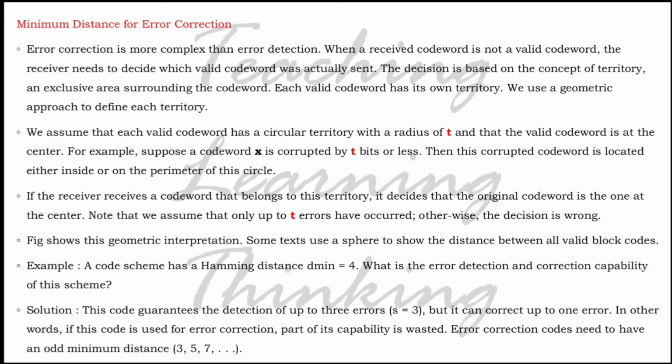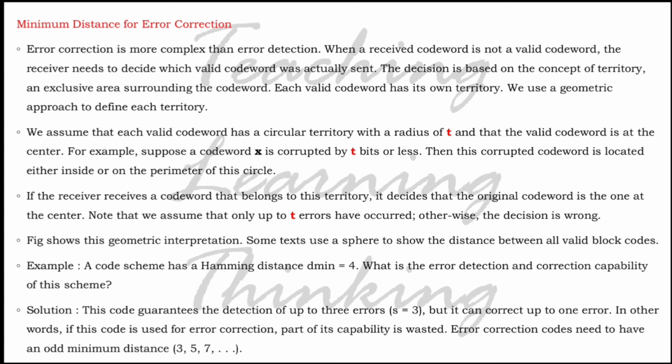We use a geometric approach to define the territory. We assume that each valid code word has a circular territory with a radius of t and the valid code word at the center. Suppose a code word x is corrupted by t bits or less, then this corrupted code word is located either inside or on the perimeter of the circle.